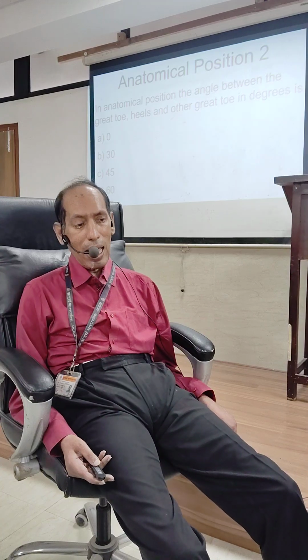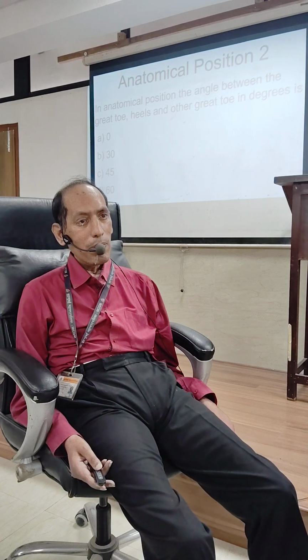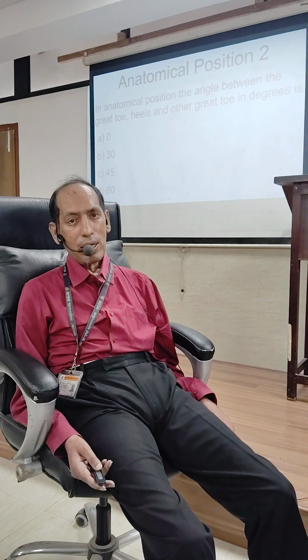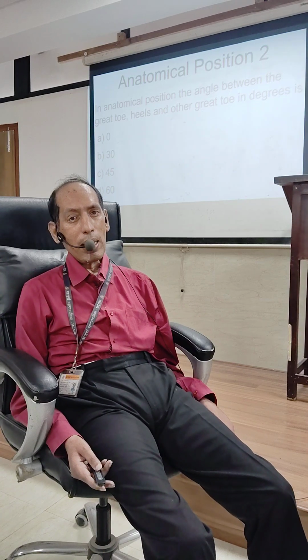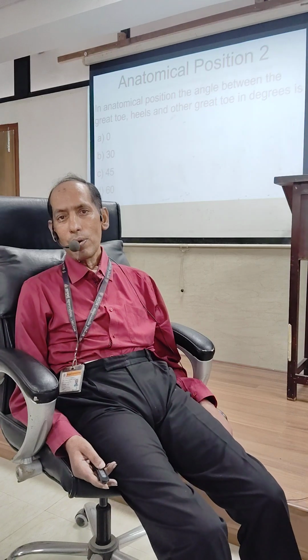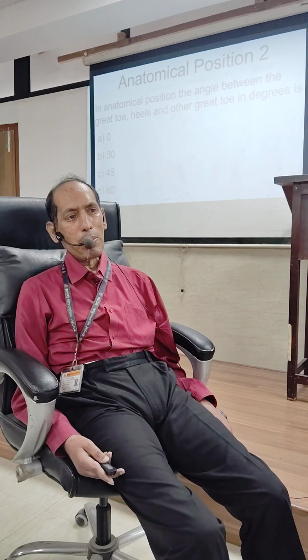So how is the angle between the two feet when you are standing in anatomical position? The correct answer is 0 degrees. The two feet have to be parallel to each other, touching each other.